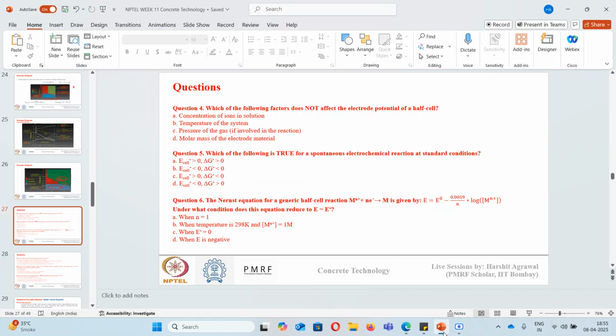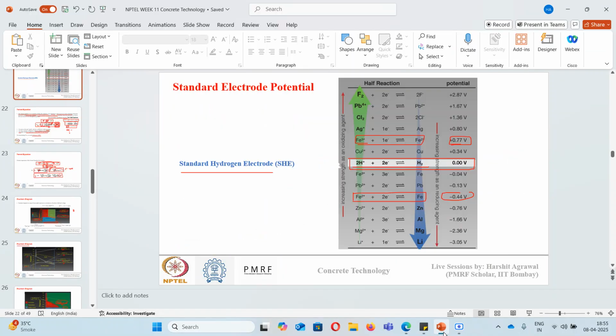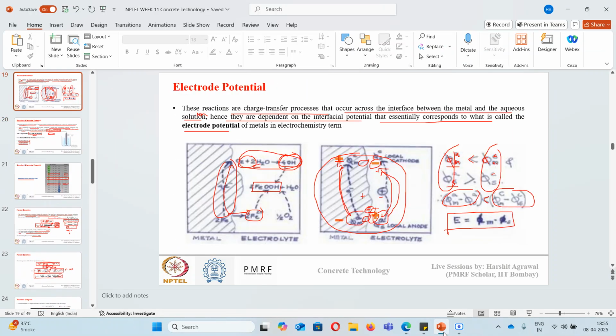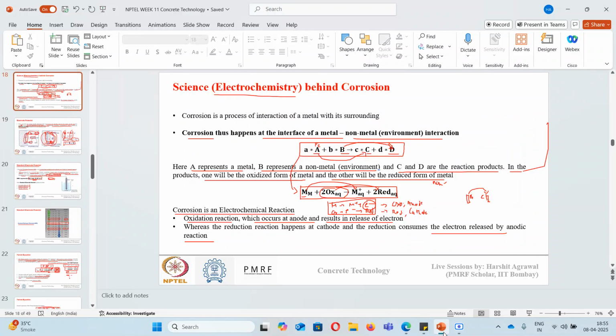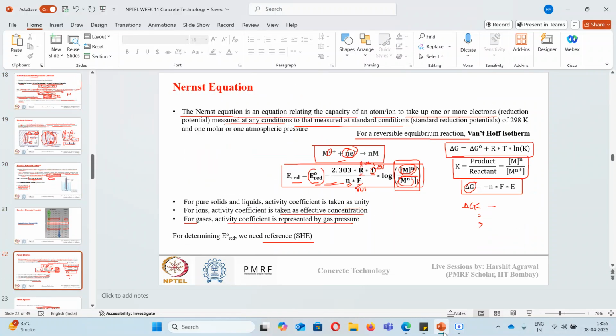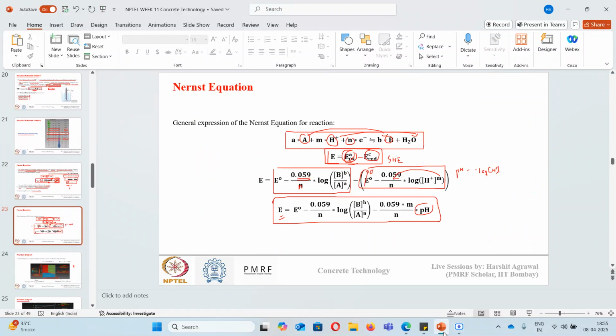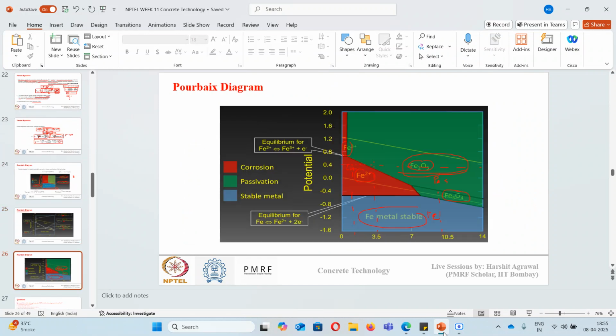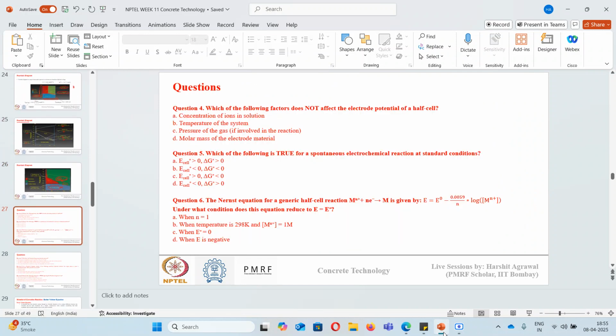Any doubt in this part, like what is standard potential, what is electrode potential, how we have used the Nernst equation to express this final expression, and what is the Pourbaix diagram? Any doubt in any part?